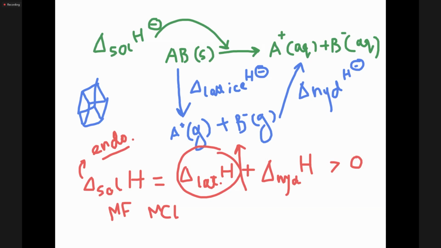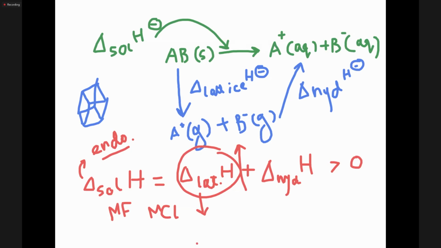The lattice enthalpy, ΔH lattice, that we are considering over here, of an ionic compound is the enthalpy change which occurs when 1 mole of an ionic compound dissociates into its ions in the gaseous state.